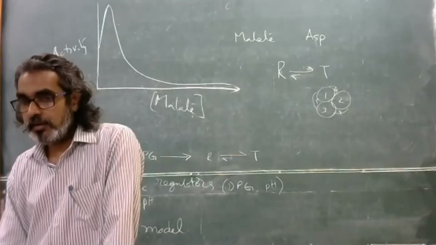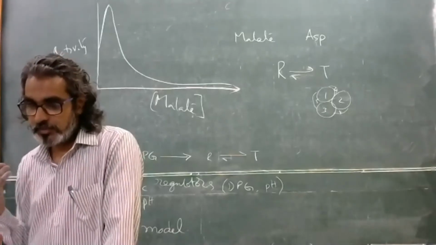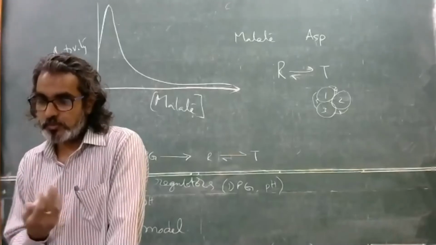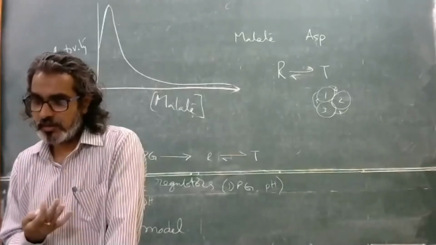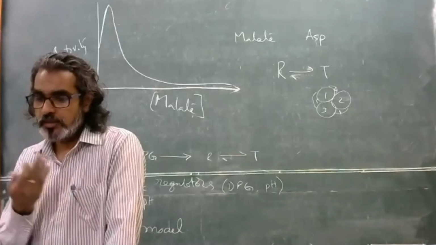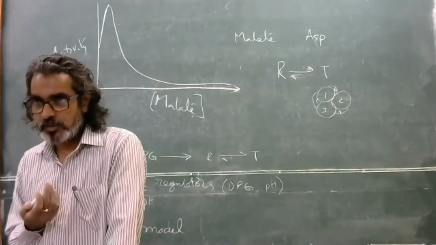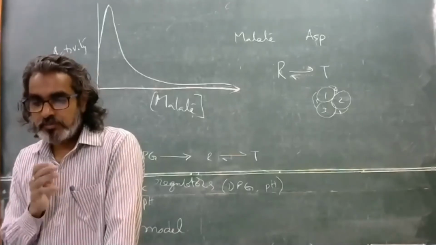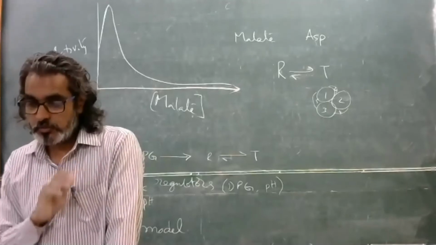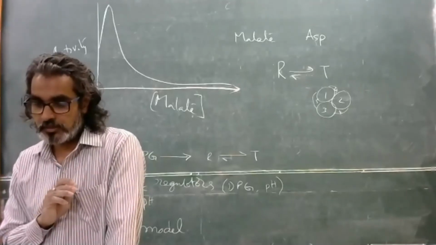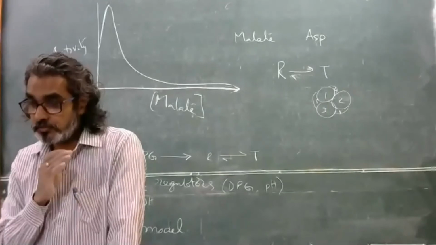So you can really think of whatever we have done, R state versus T state. What does it mean structurally? How does the R state structurally look different from the T state? What conformational changes can we look at in the protein structure where these conformations are occurring? For example, in terms of salt bridges.